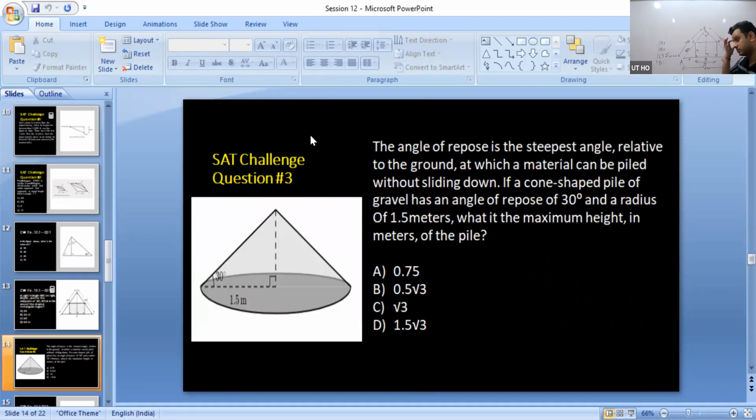Try this. Sir, option B. Option B, 0.5 root 3. Yes. Okay, so I'm saying option B. What will be your question?